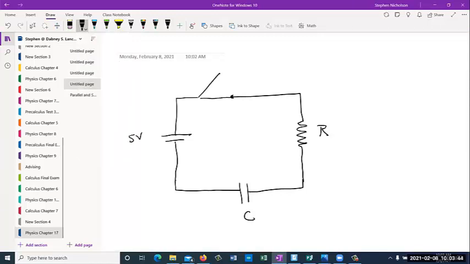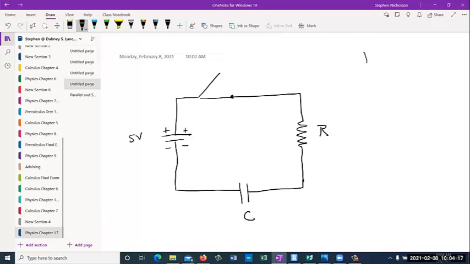You close the switch and you've got this battery, and what the battery is going to do is create an electric field inside the circuit. As soon as you close the switch, there's going to be an electric field inside this circuit, and so the positive charges are going to start moving. But you can't have the charges move infinitely quickly because the resistor is going to slow things down.